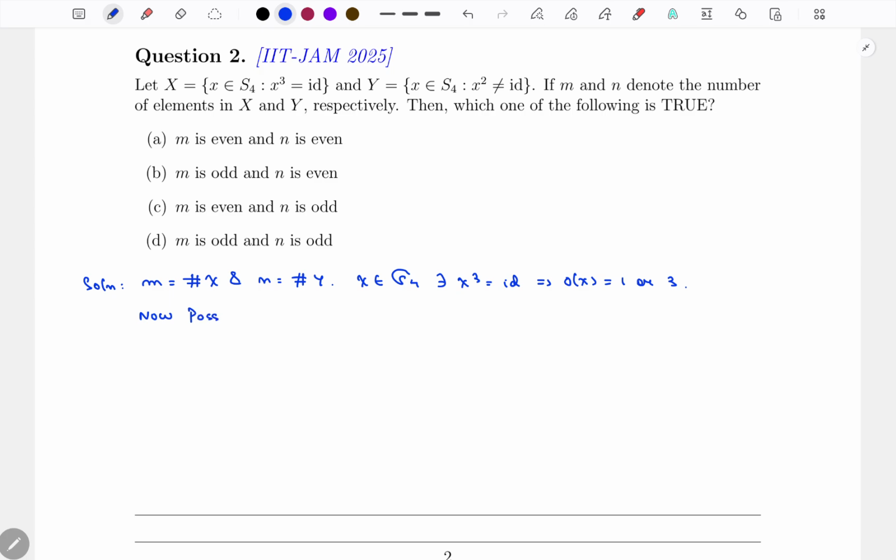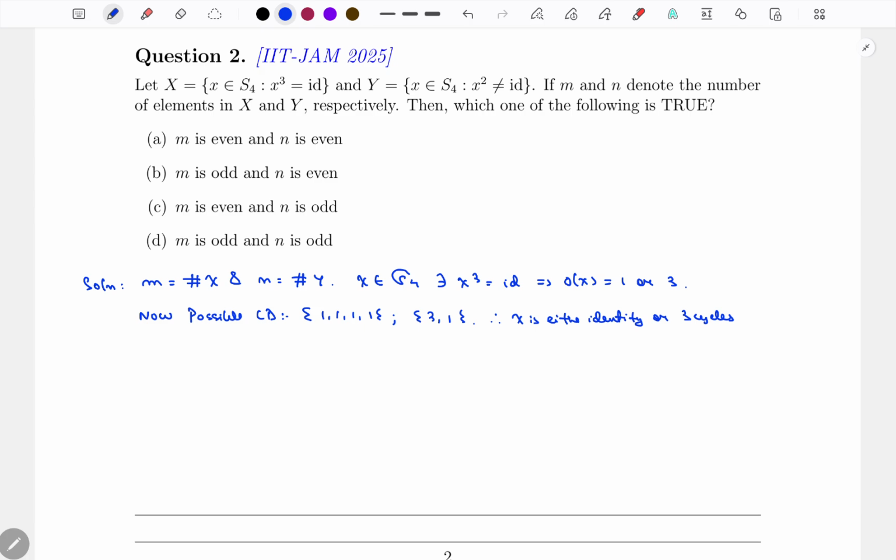So the possible cycle decomposition should be either all ones, which gives the identity element, or the only other possibility is 3 and 1. So x is either the identity or a 3-cycle.